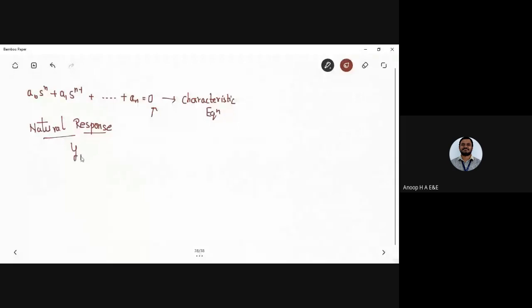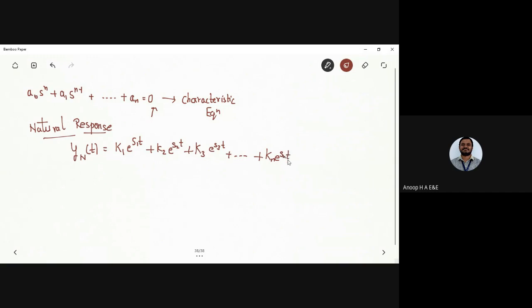The natural response is given by yn. I can write yn of t equal to k1 e power s1t plus k2 e power s2t plus k3 e power s3t, and so on, up to kn e power sn t.